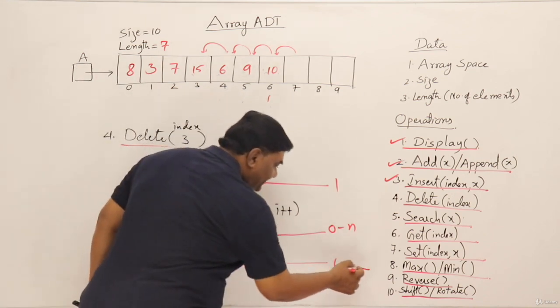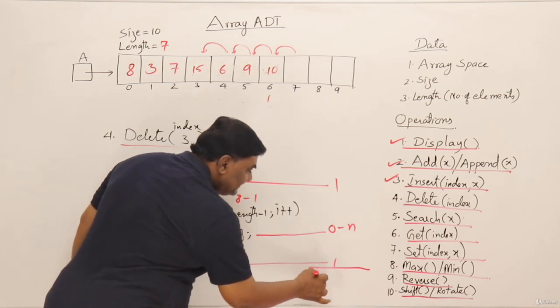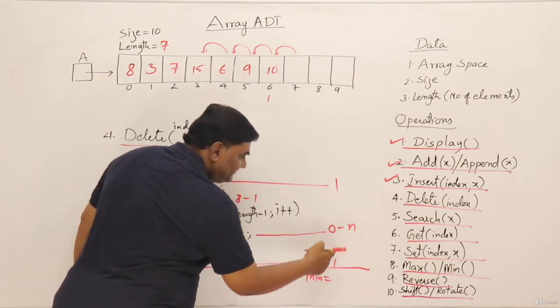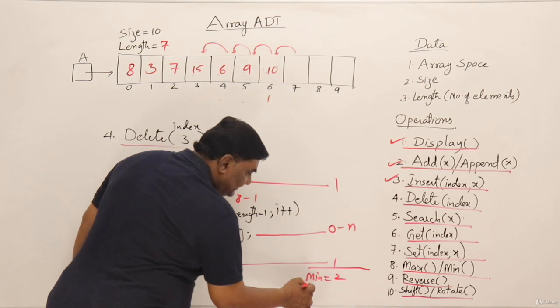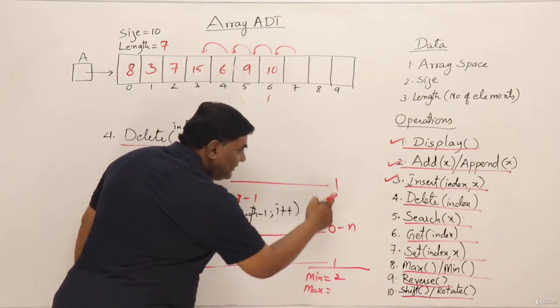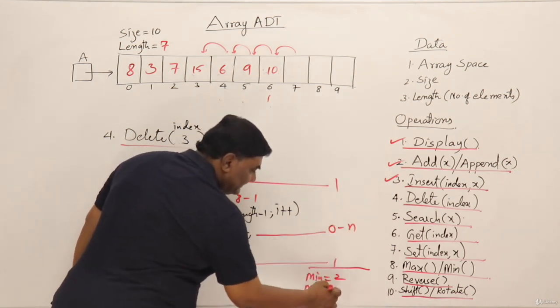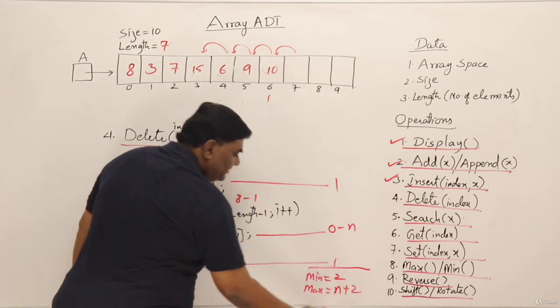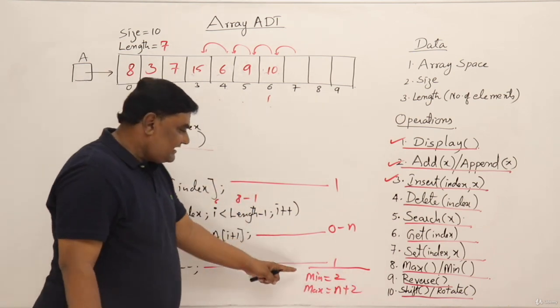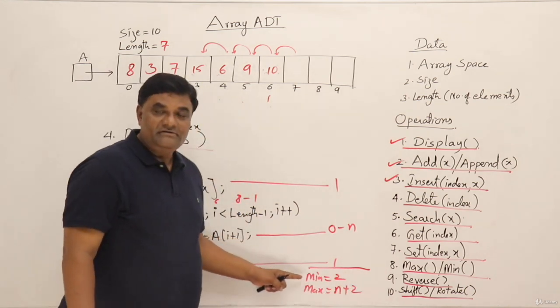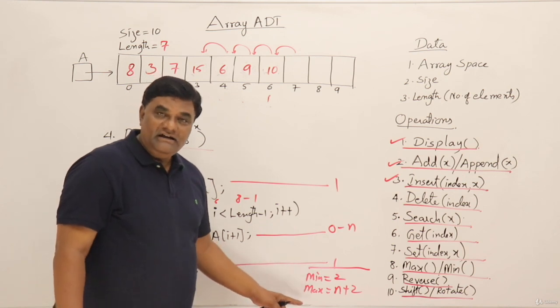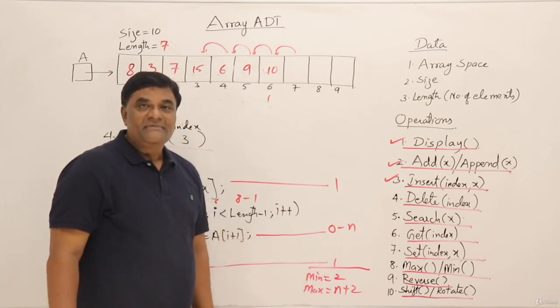So if I write, minimum time is 1 plus 1, that is 2, and the maximum time is 1 plus 1, 2, as well as n. So n plus 2. The best time is 2, that is constant. Worst time is n, that is maximum. So what is the best case?